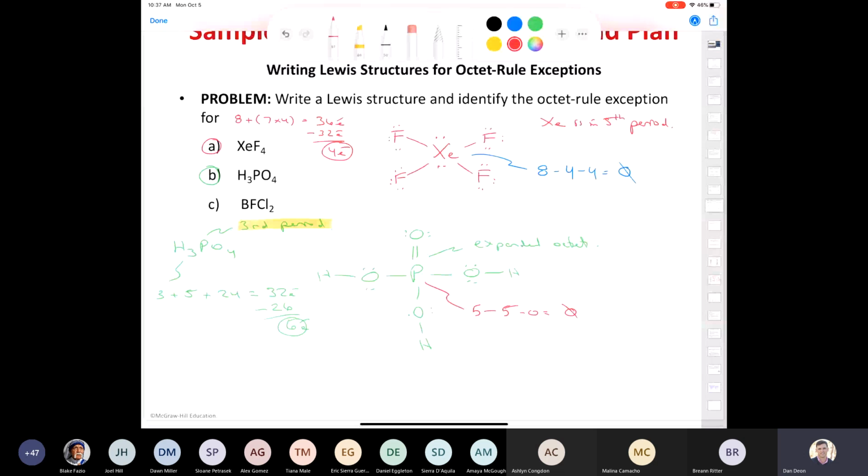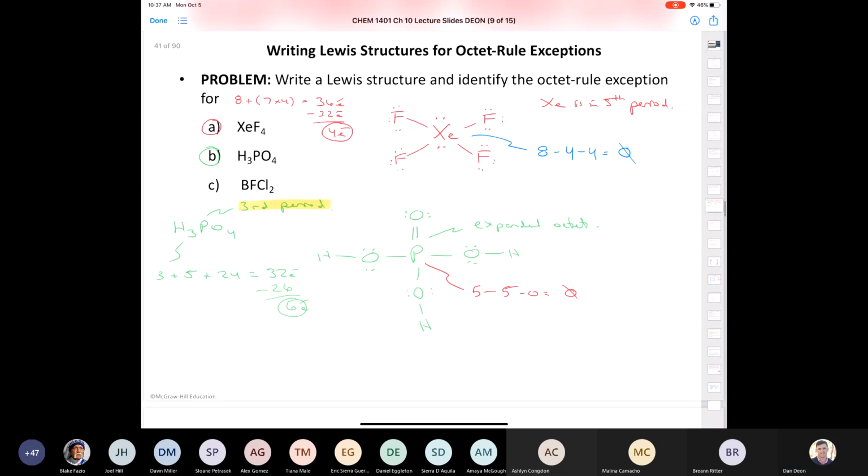So not only have you exceeded the octet rule for the phosphorus, it would also have a formal charge on it, right? Because it shouldn't have a formal charge even though it exceeds the octet rule.